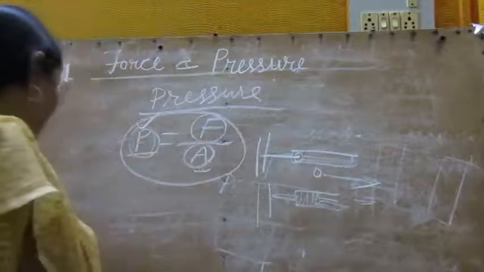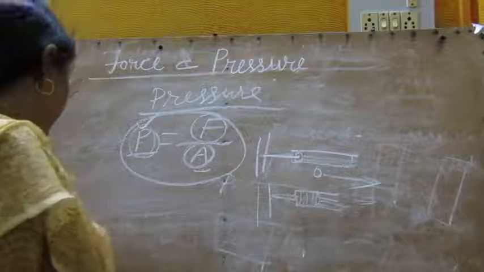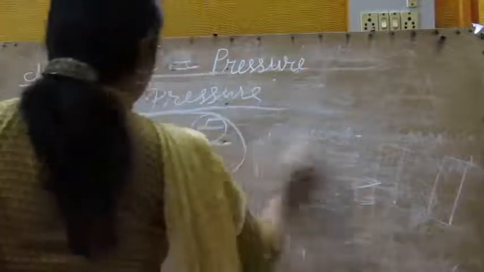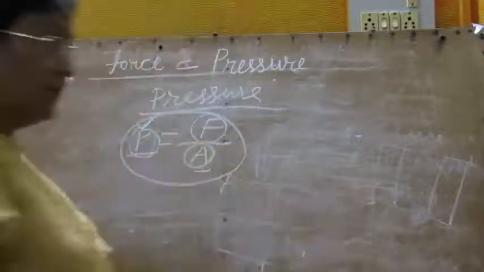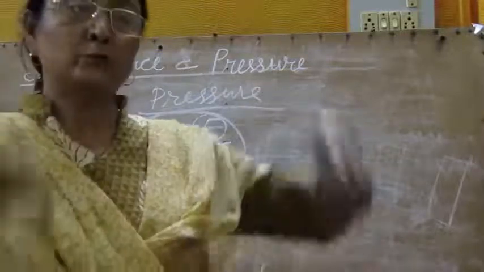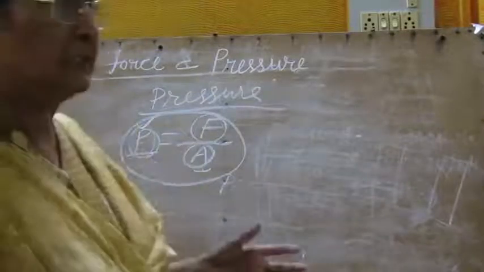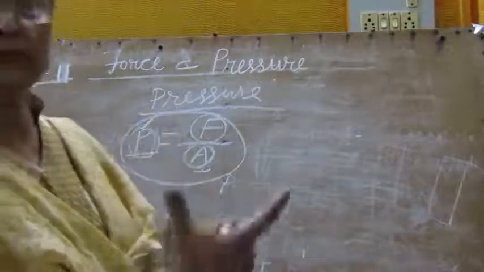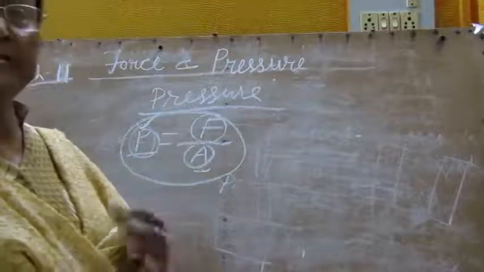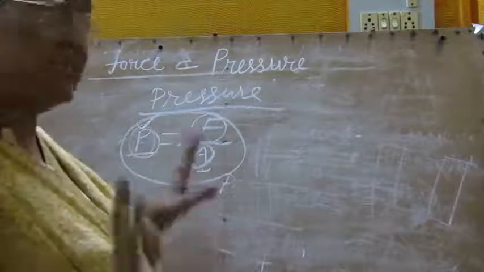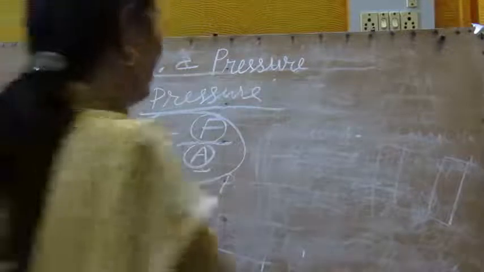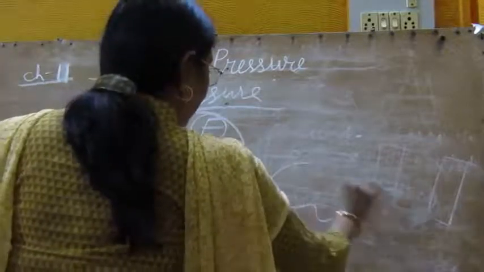Now, a camel has large padded feet. Perhaps you wonder why a camel, with such heavy weight, can easily run on sand, but a human being cannot. The reason is that the camel has large padded feet.